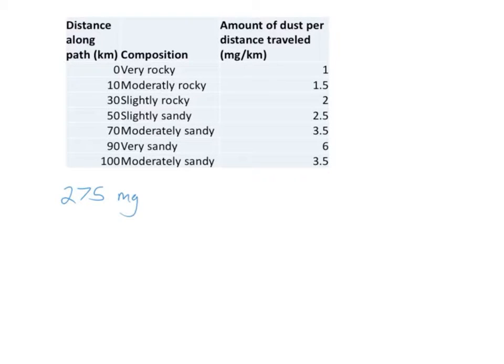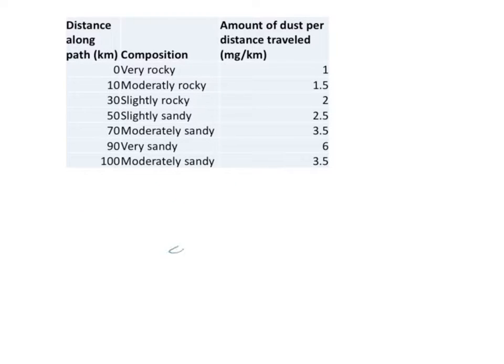So we know that when the rover has accumulated 275 milligrams of sand on its solar cells, it will not be able to produce enough power to continue. So we ask the question, if the rover travels along this path, will the rover accumulate too much dust?